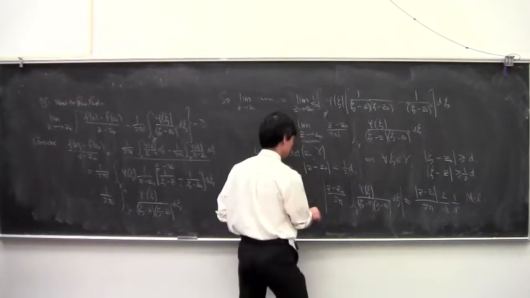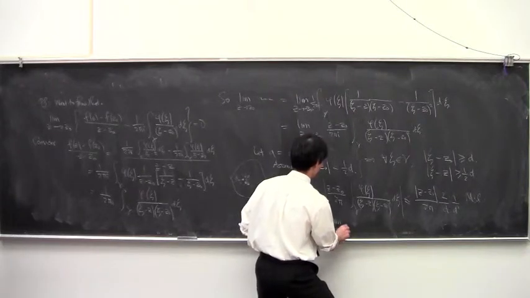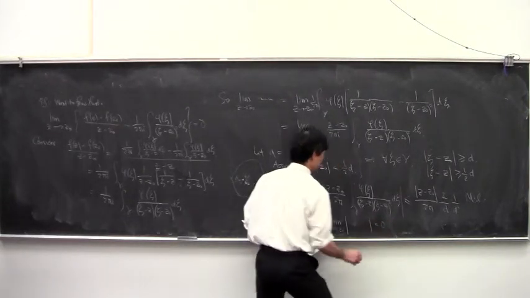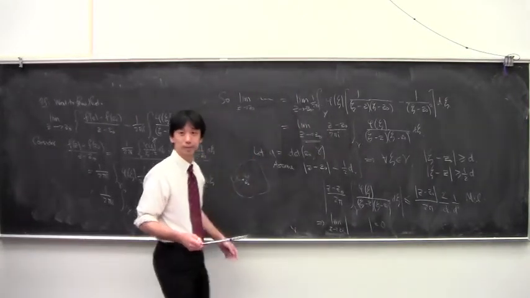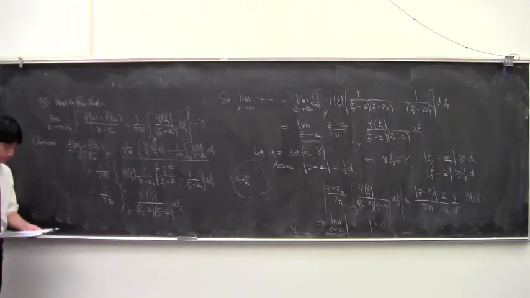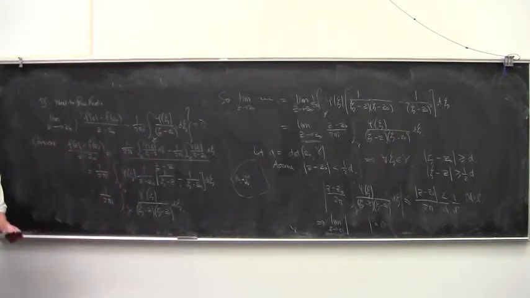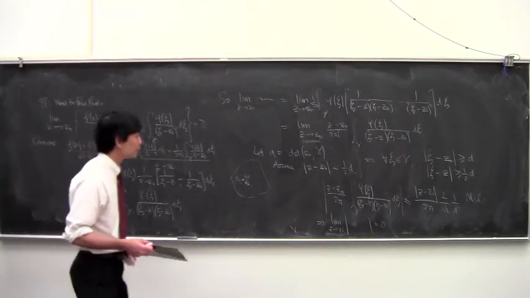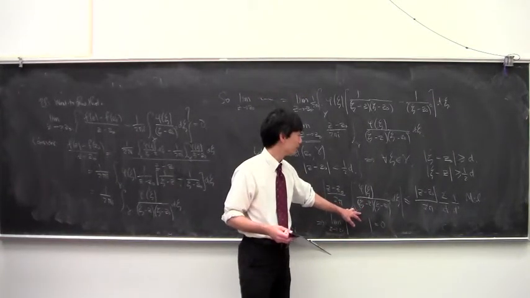Okay. So the limit of this thing is 0. And so this thing goes to 0. Okay. Any questions? This is the typical sort of bounding that one does.